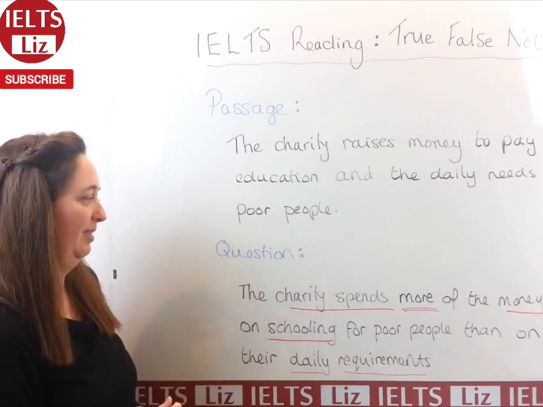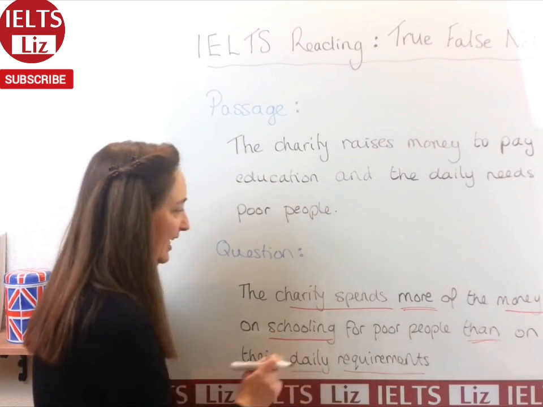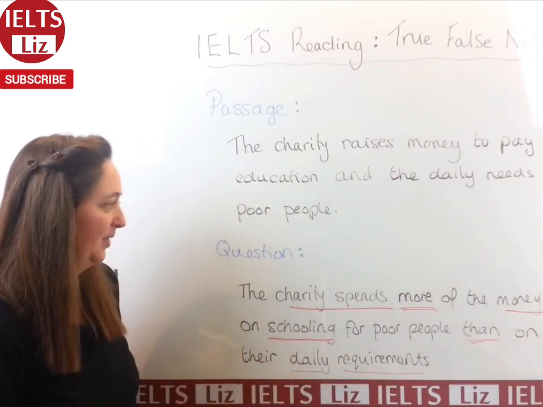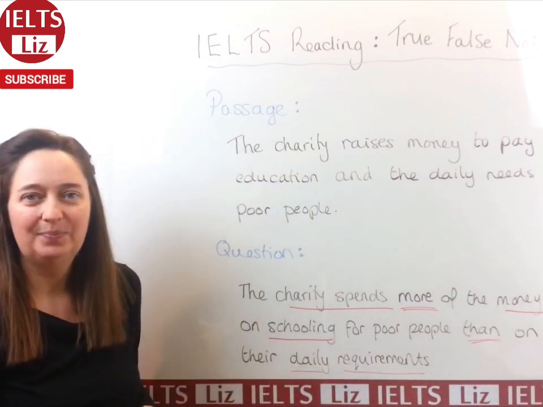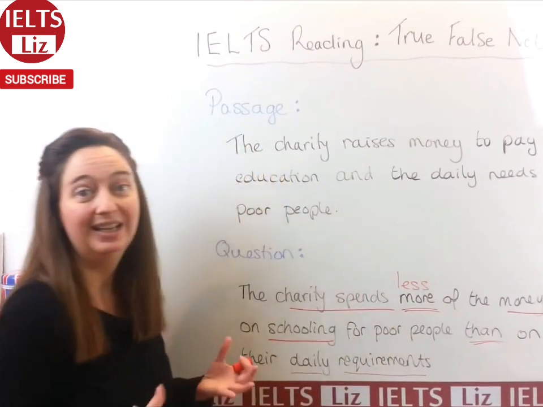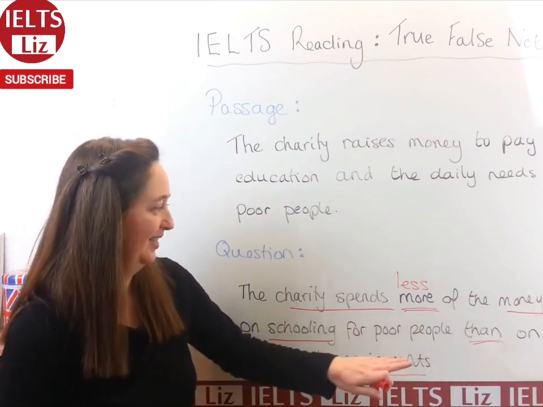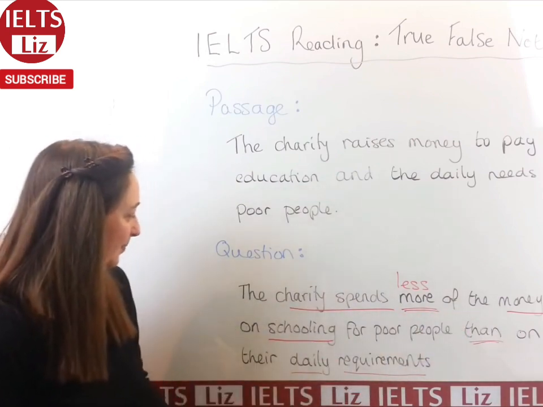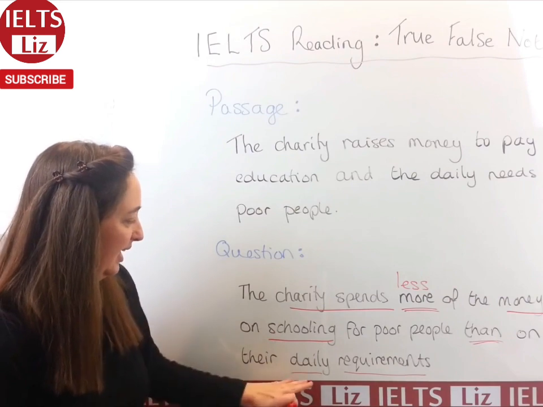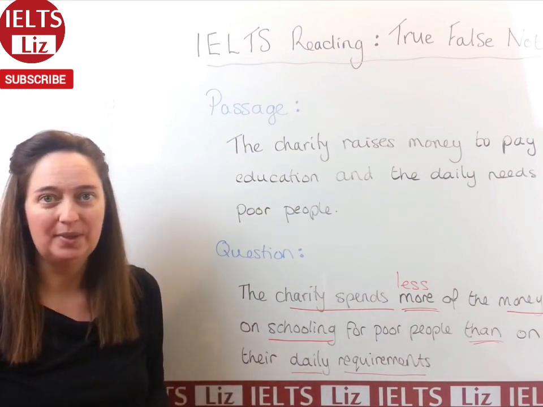More of the money raised for schooling than on daily requirements. What would be the opposite? Well, the opposite meaning would be less. The charity spends less money on schooling than on daily needs. That would be the opposite.